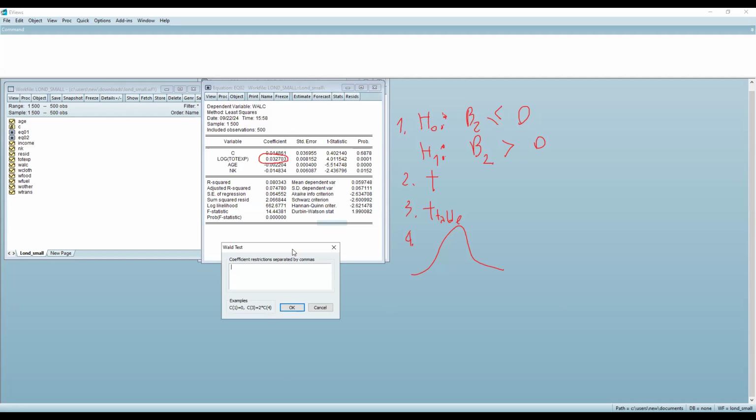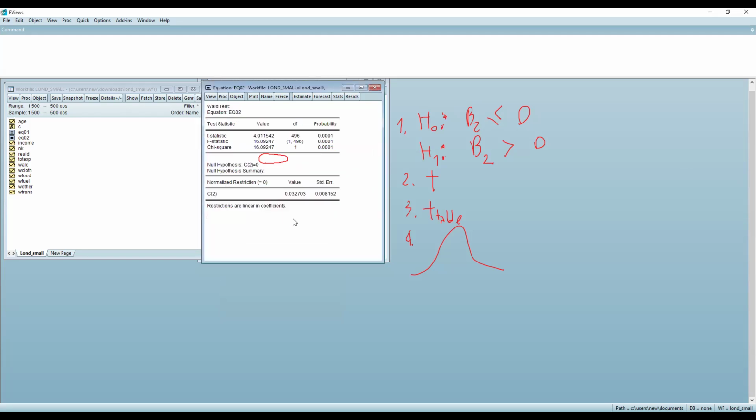When you write the equation, you may say whether beta 2, so C(2) equals 0. So you write down C(2) equals 0. Then click OK.